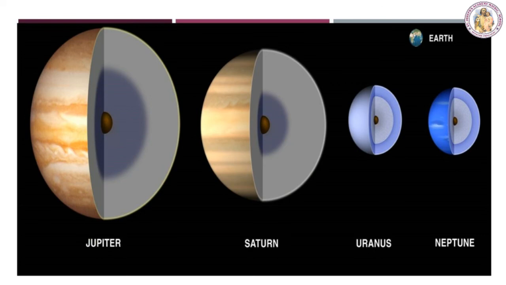A gas giant is a large planet composed mostly of gases such as hydrogen and helium with a relatively small rocky core. The gas giants of our solar system are Jupiter, Saturn, Uranus, and Neptune.